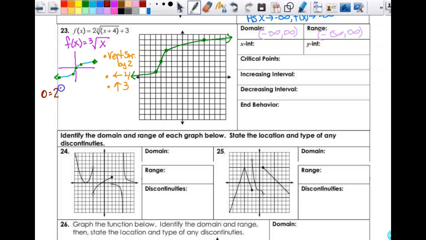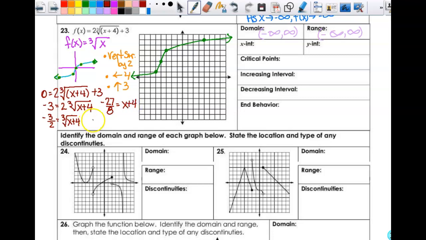0 equals 2 cube root of x plus 4 plus 3. So I'll subtract 3 from both sides. Negative 3 equals 2 cube root of x plus 4. Then I'm going to divide by 2, so I get negative 3 halves equals cube root of x plus 4. So to undo the cube root, I'm going to have to cube both sides, so that'll give me negative 27 over 8 equals x plus 4.